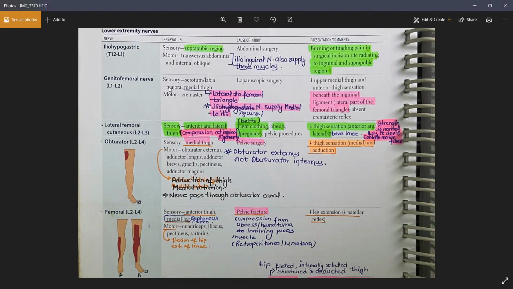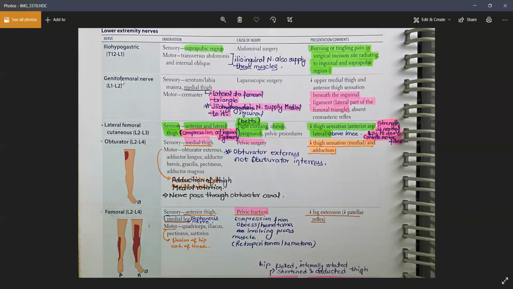And if you remember, you have the external spermatic fascia, then the cremaster muscles, and then the internal spermatic fascia, right? These cremaster muscles can cause contraction in my scrotum. So whenever you stimulate this nerve in the medial thigh, this can cause the cremasteric reflex, because this nerve also supplies the cremaster muscles. That's why this nerve is involved in the cremasteric reflex.